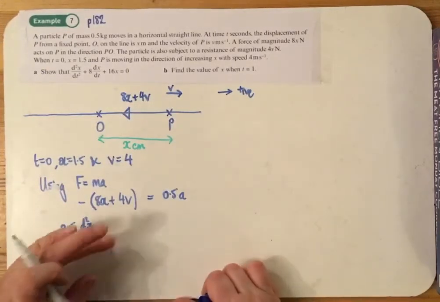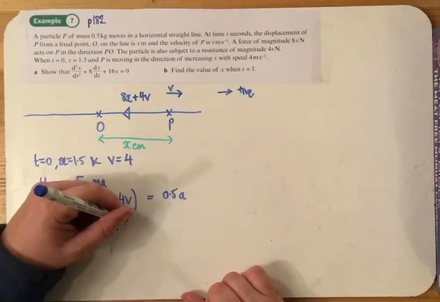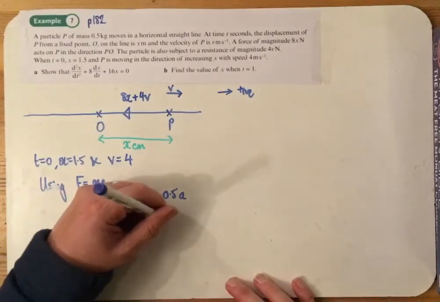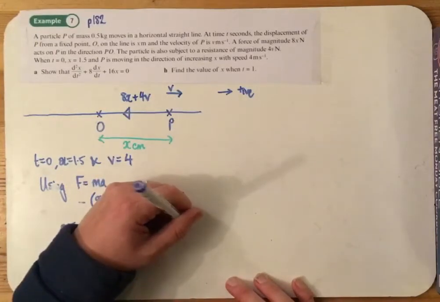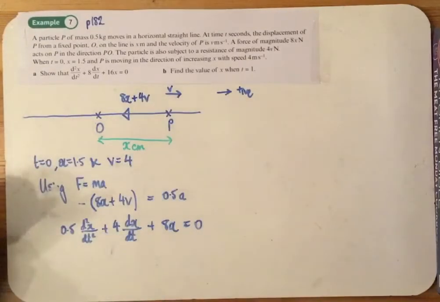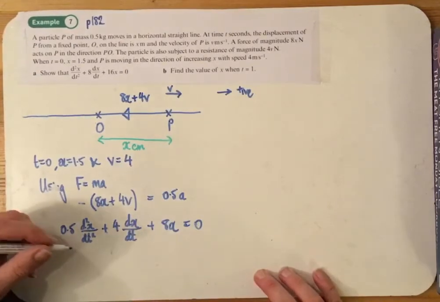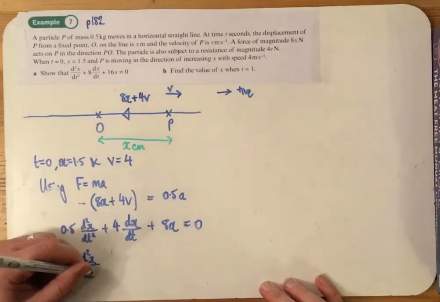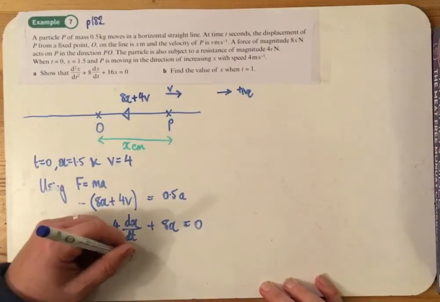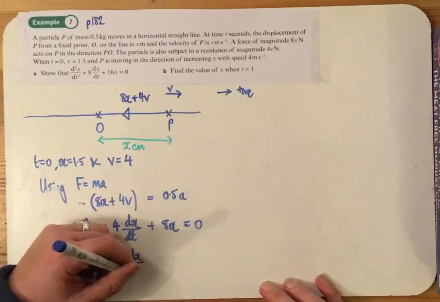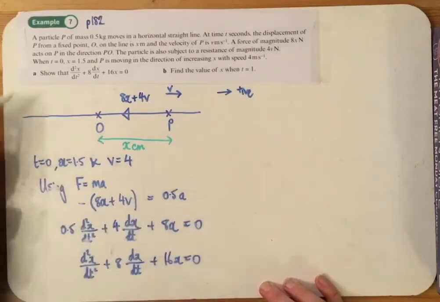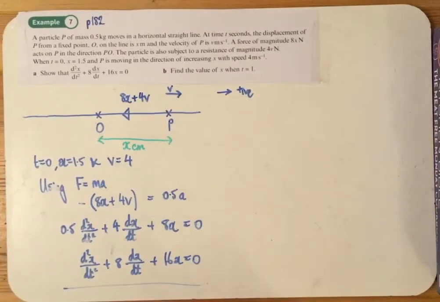Sorry, I did it the other way. Plus 4 times the velocity, which is dx/dt, plus 8x equals 0. So I'm just taking that over to there. And then if I times through, or divide through by a half, times through by 2, that takes us to the required equation.